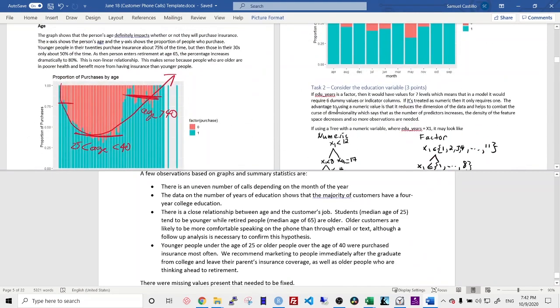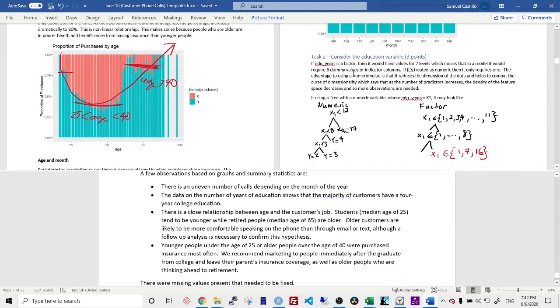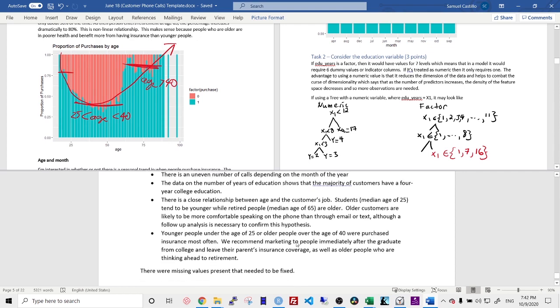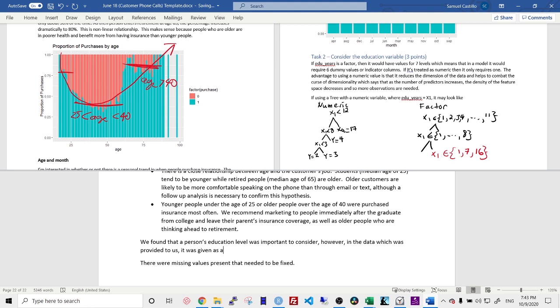So moving on, we've looked at some observations. We also looked at the education variable. We found that a person's education level was important to consider.